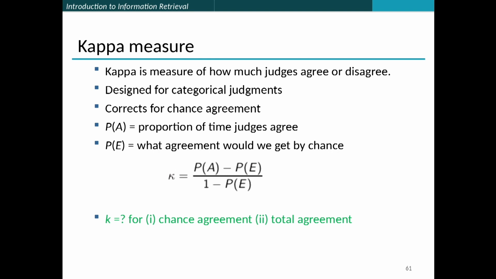And this is not unlikely. Why? It's not unlikely because the values are two, 0 and 1, namely relevant and not relevant. So even by chance, the probability that two judges will give you the same relevance judgment is not negligible. Clearly, if you have a number of values, this is much more difficult.